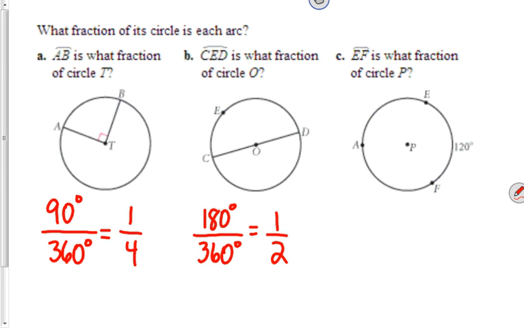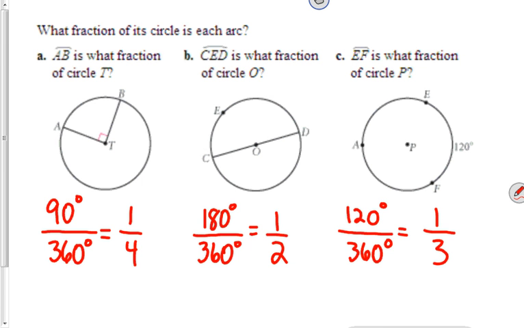And now example C. Arc EF is what fraction of circle P? Okay, well, they tell us that arc EF is 120 degrees right there, right? So that's 120 degrees out of a total of 360 degrees, which makes it 1/3 of the entire circle.